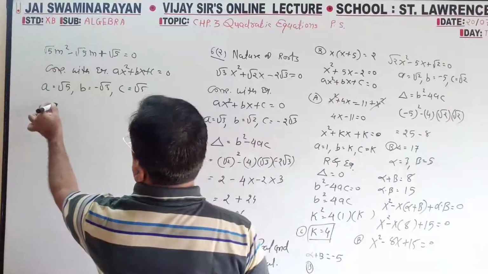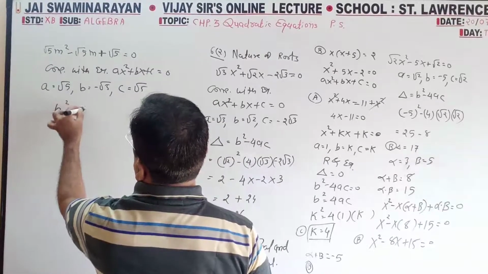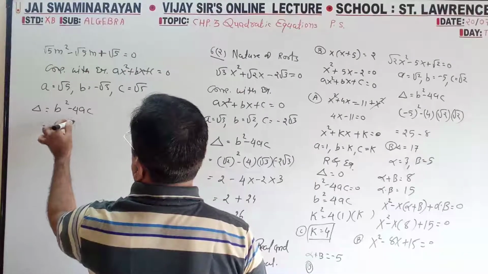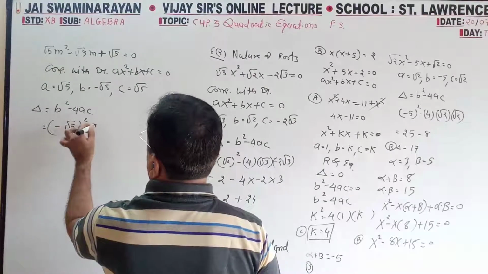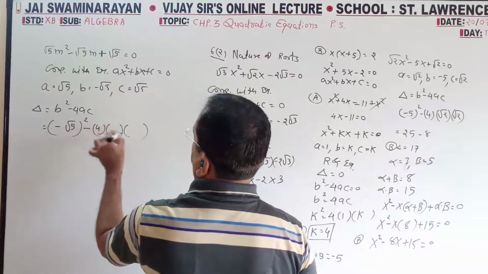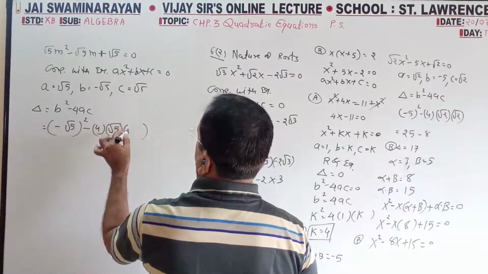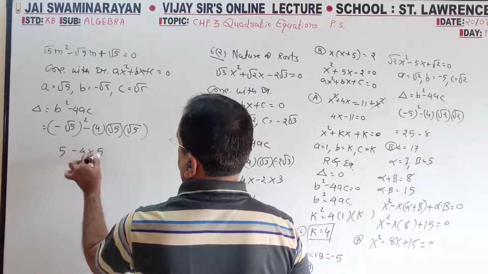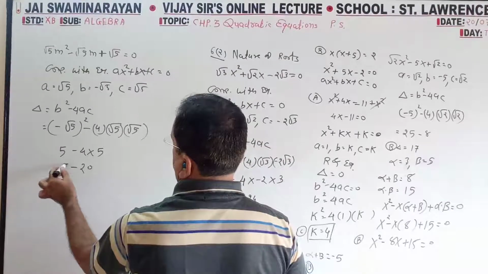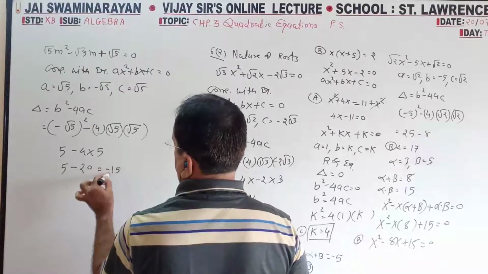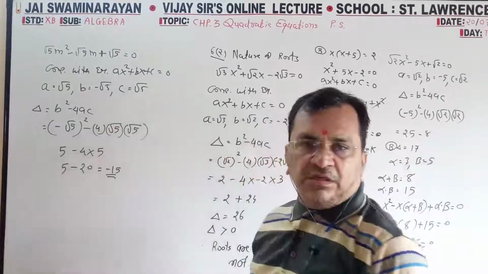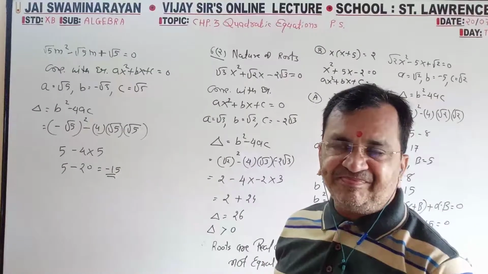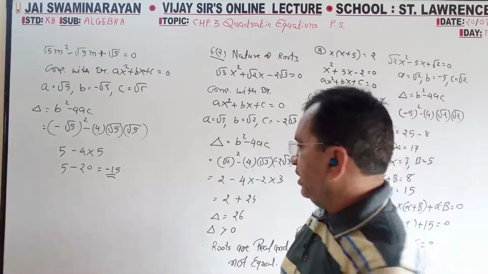So b square minus 4ac gives a negative answer. Negative answer means what? Not real, not equal.